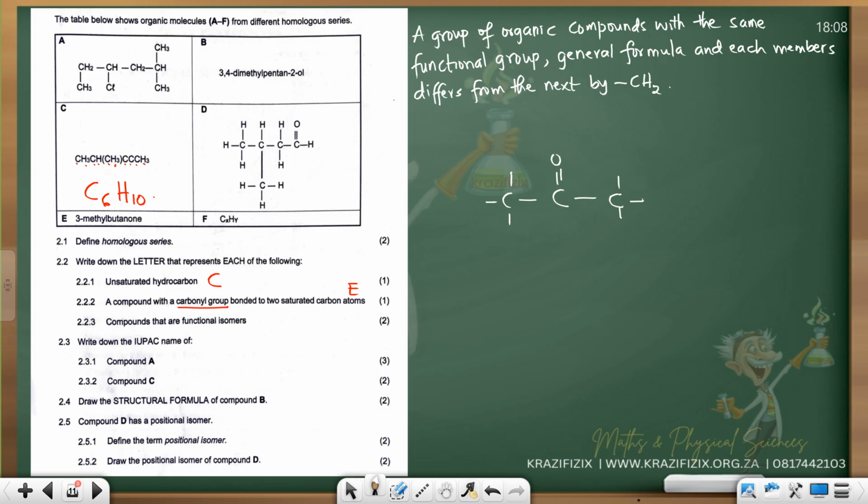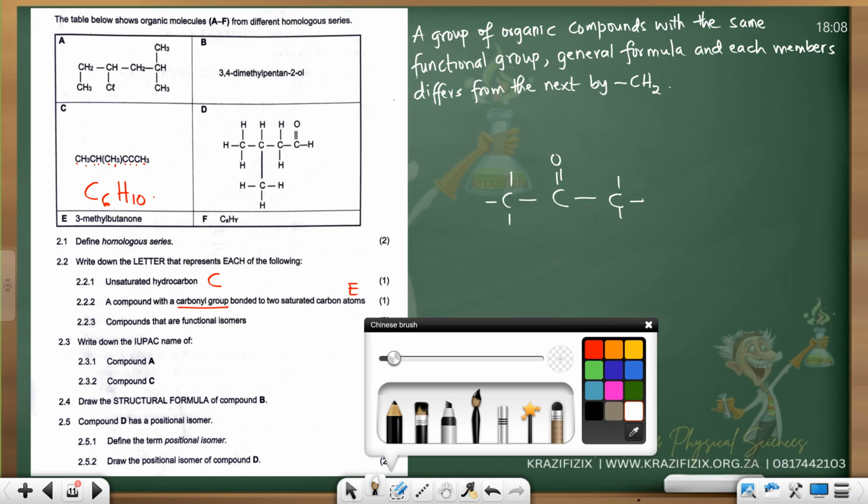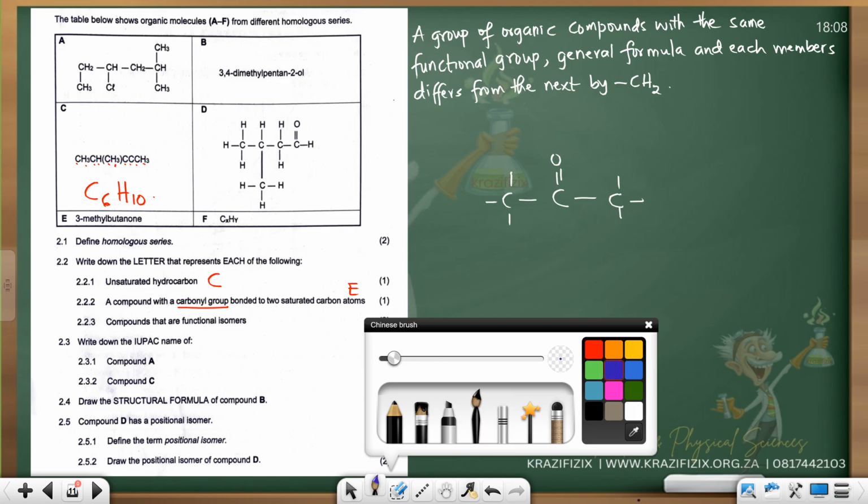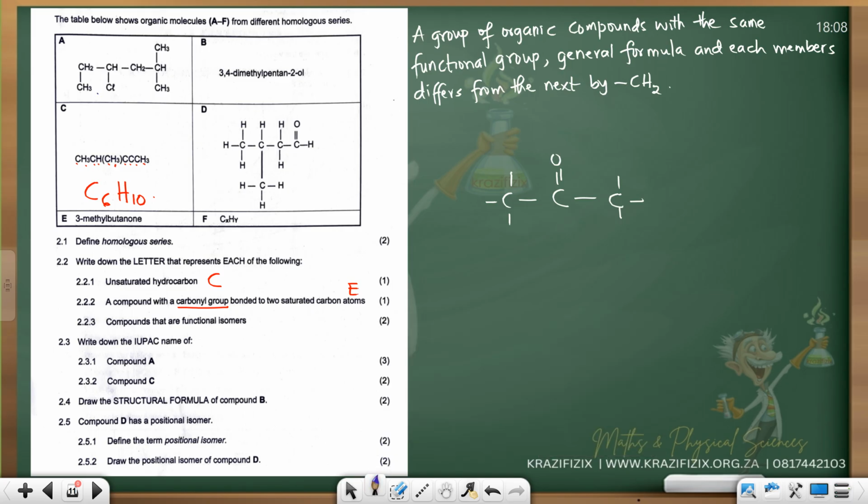Compounds that are functional isomers. Which one? We know it's aldehyde and ketones, but let's count. Normally, I'm doing this wrong. This is not the way I approach my questions. You know that, right? This would be what? A haloalkane. Normally, I should do that. That saves me time. Alcohol. What is this? Alkyne. What is this? Aldehyde.